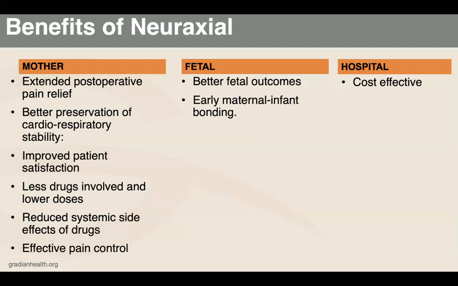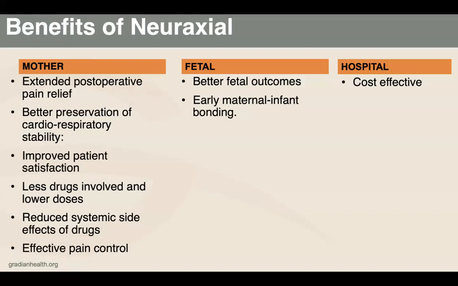So you might ask yourself, what is the benefit of neuraxial block in comparison to other modalities? The first one is extended postoperative pain relief. This is because commonly the block lasts a period of 3 to 4 hours, and the cesarean section lasts a period of half an hour to 45 minutes.